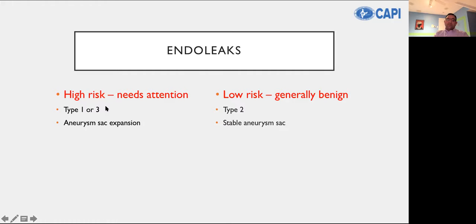If we hear that on a radiology report, then that should raise a red flag, and at least merits a phone call to the vascular surgeon to ensure that this is something being observed and watched out for. Type 2 endoleak you can ignore because somebody is definitely keeping an eye on it, especially if there is a stable aneurysm sac.